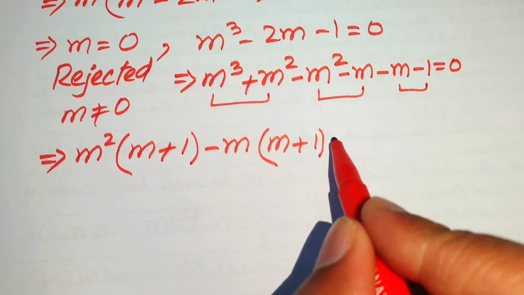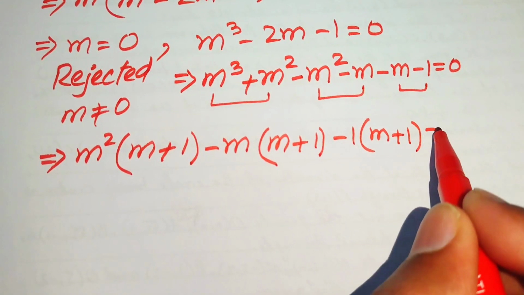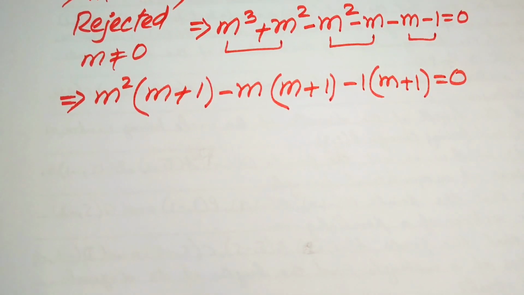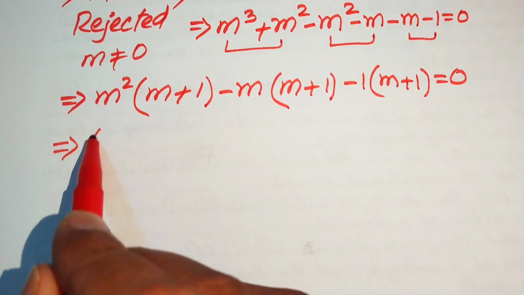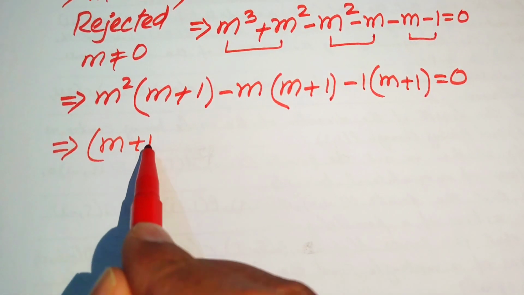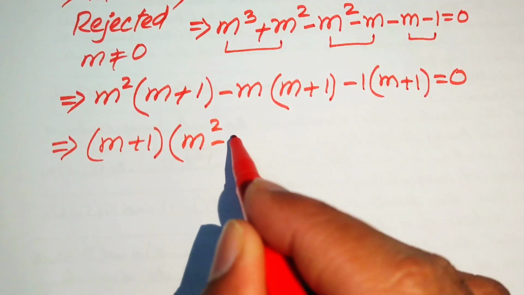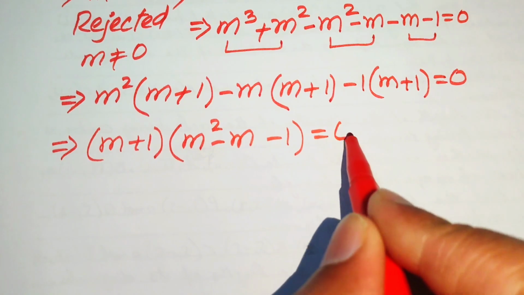We take common minus 1, and the remaining terms are m plus 1, equals 0. Now all of the terms involve the factor m plus 1, so we take m plus 1 common, and the remaining terms are m squared minus m minus 1 equals 0.